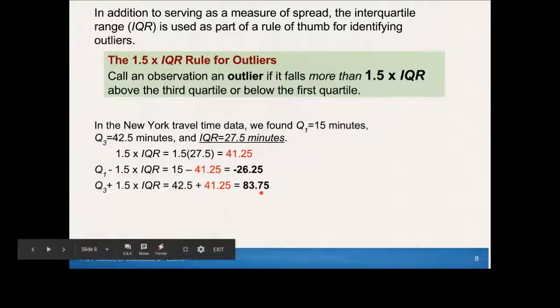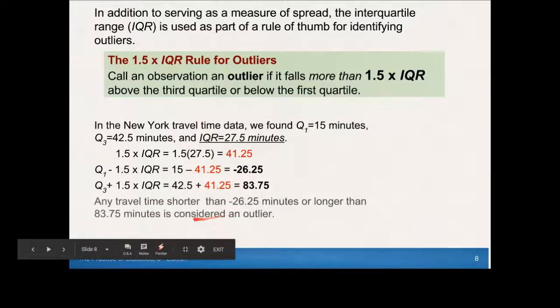That gives us 83.75. What that means is any travel time shorter than negative 26.25, which is a bit ridiculous because you can't have negative time, or longer than 83.75 minutes is considered an outlier.